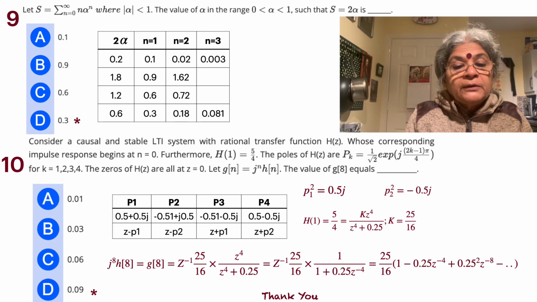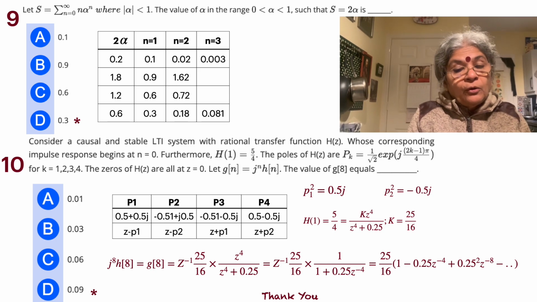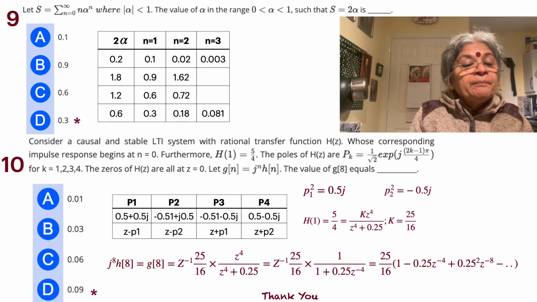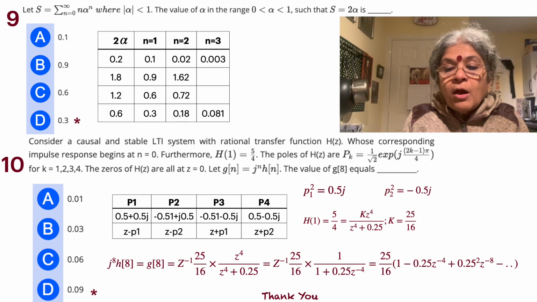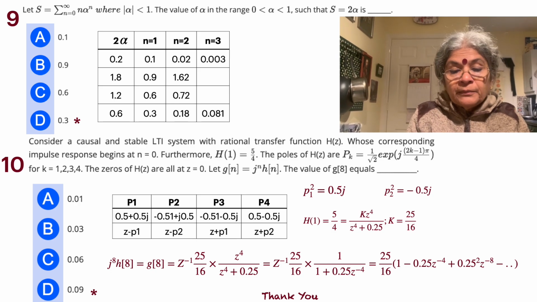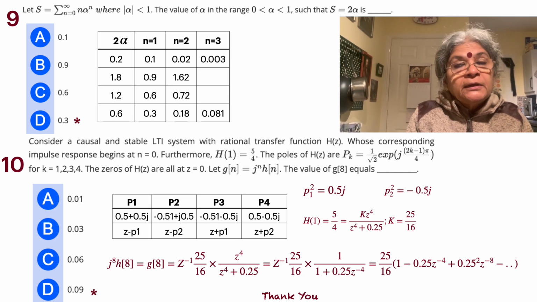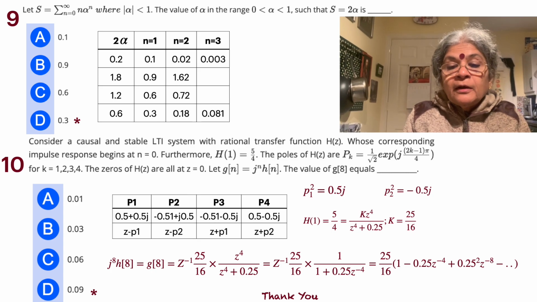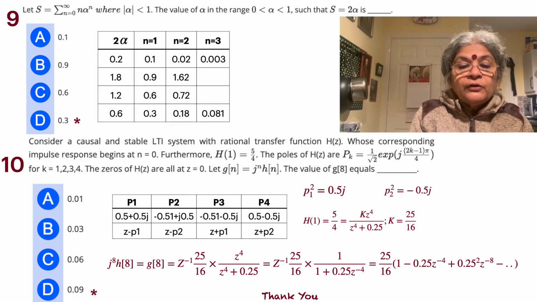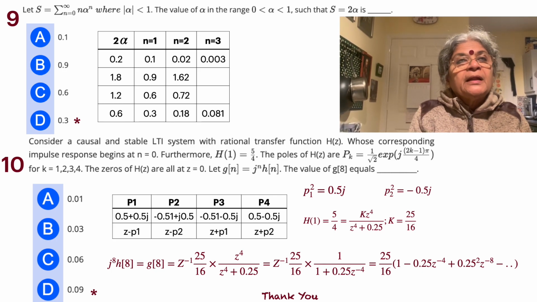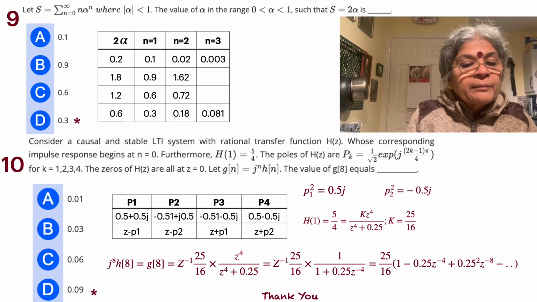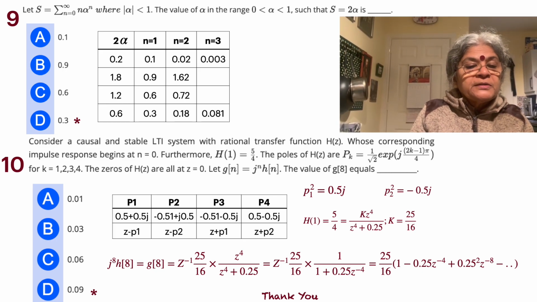We have the scope for long division, and long division gives us the coefficient at z^−8 as 0.25². Using the expansion which is already available, 0.25² times 25/16 tells us the value is about 0.09, actually a little more, something like 0.097, but from amongst the options given, the best option seems to be option D.